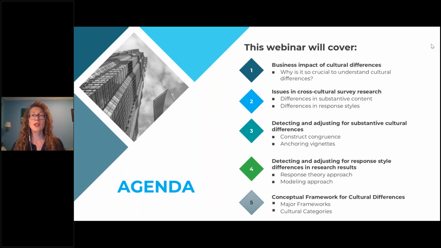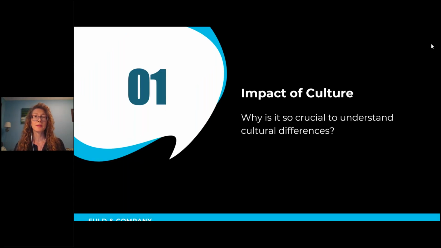And then in section 3, we're going to tackle that first part about differences in substantive content, and we're going to discuss how to detect and adjust for those. In the 4th section, we're going to actually tackle that second piece, which is detecting and adjusting for differences in response styles. And in the final section, we're going to introduce you to 3 important frameworks to account for cultural differences. So let's get started.